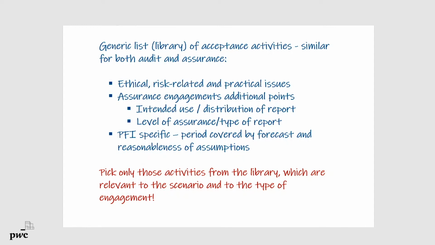So in our case, we had prospective financial information. So we could go straight to these points here. And if you write them in your answer, you could get quite nice 3 points without really much effort. But then, of course, you have to be more specific to the scenario, and you had to bring in ethical, risk related, and practical issues, such as do we have enough staff, competent staff, to perform this review?